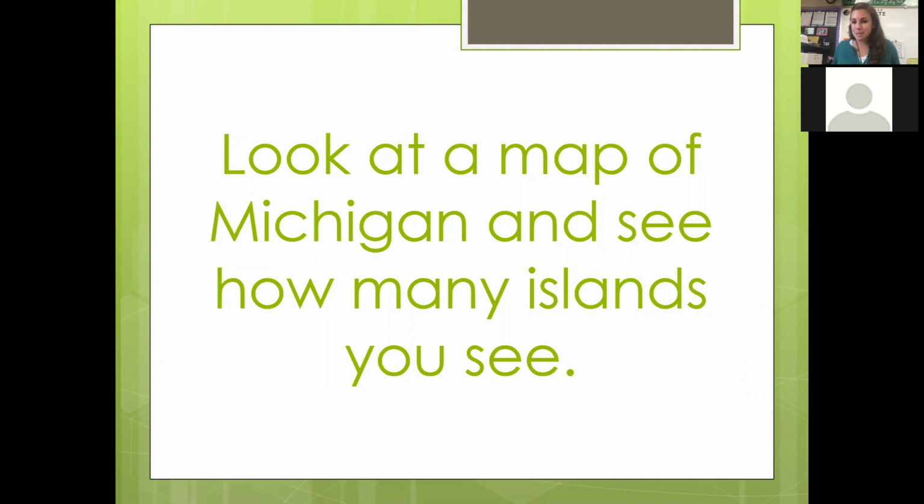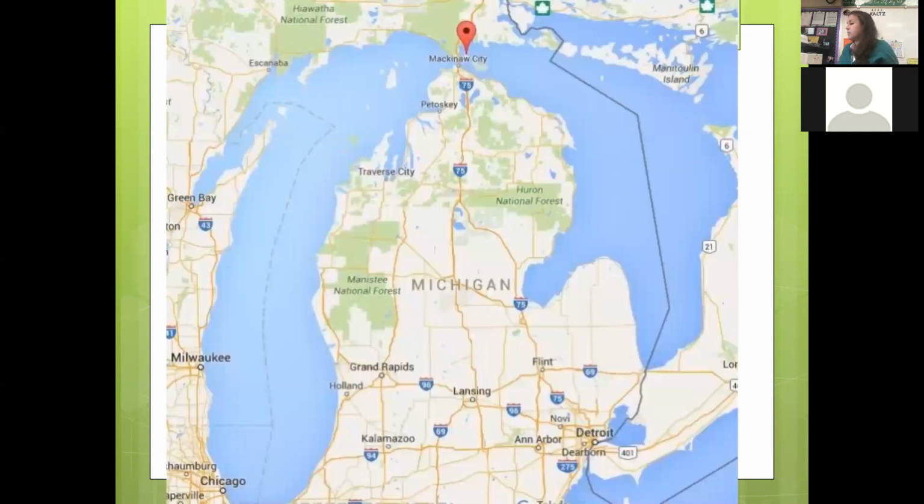Now I want you to look at the map, and this might be harder to see because they're itty bitty. I want to know how many islands do you see? Remember, islands are pieces of land completely surrounded by water. So take a look. How many islands do you see?